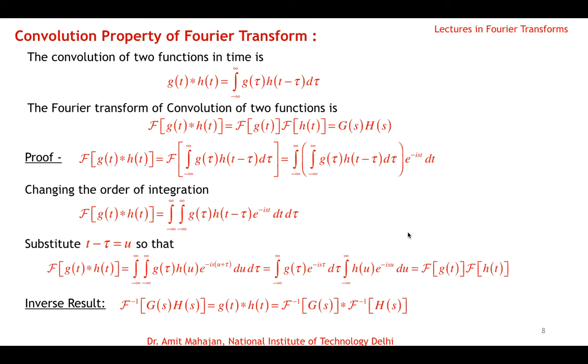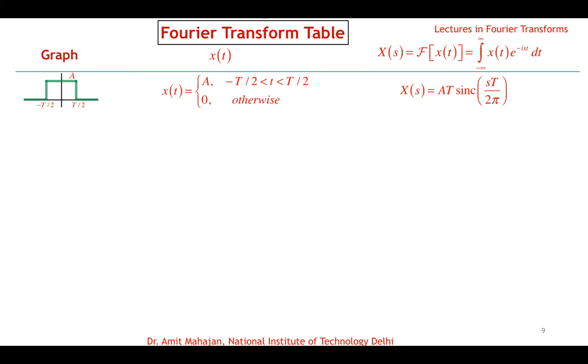Together with this property I also provide you some important transformations in a table. For the first one, you are given a graph and the corresponding function for this graph, and then the Fourier transform of this function. The first is the pulse function, where a single pulse has amplitude a, and the time duration is minus T/2 to T/2, so that's T time.